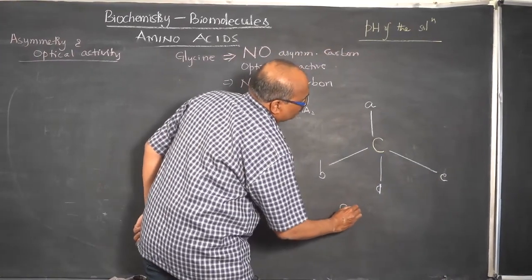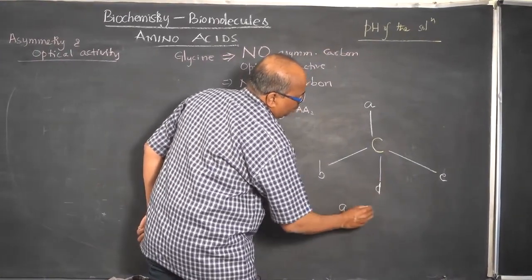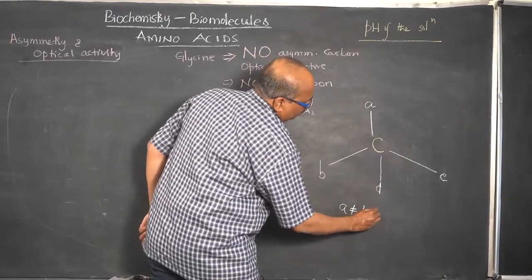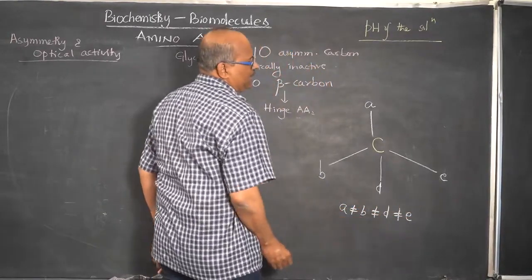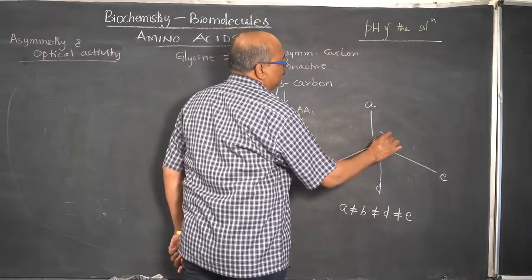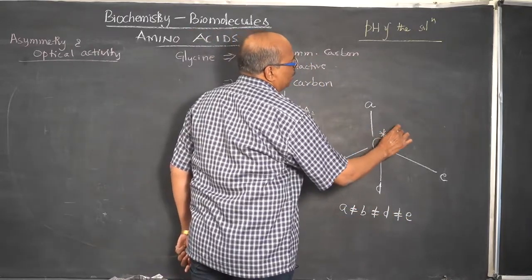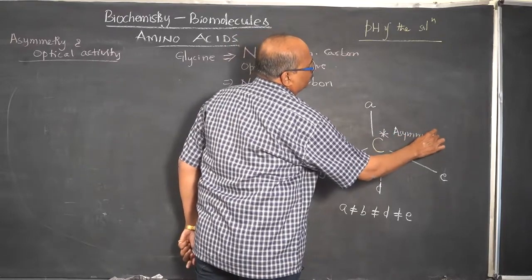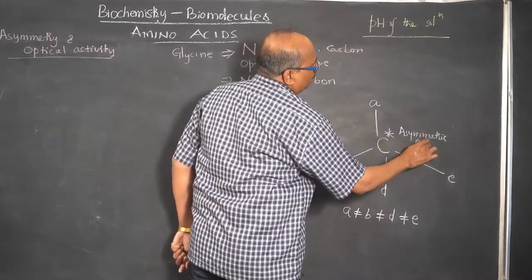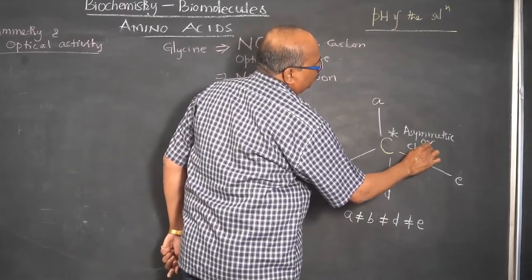So if A is not equal to B, not equal to D, not equal to E, then this carbon will become asymmetric, or chiral carbon.